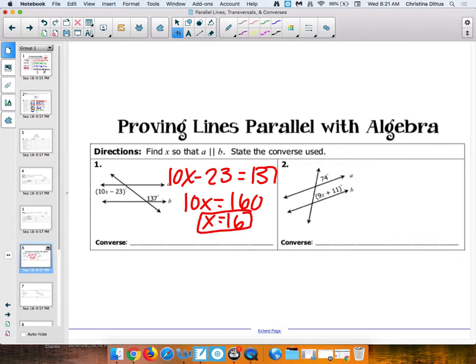Plug back in: 10 times 16 is 160, 160 minus 23 is 137. Yes, so they are equal and my lines are parallel, using the converse of alternate interior angles.